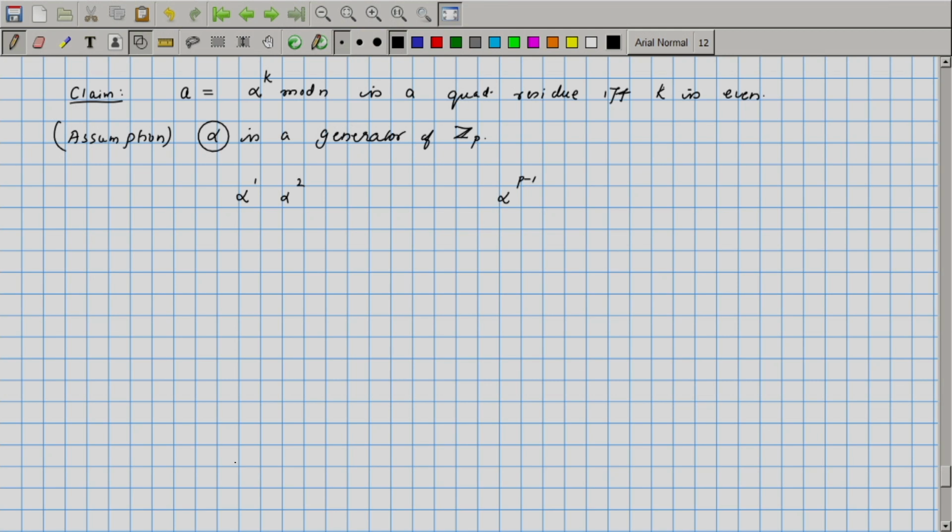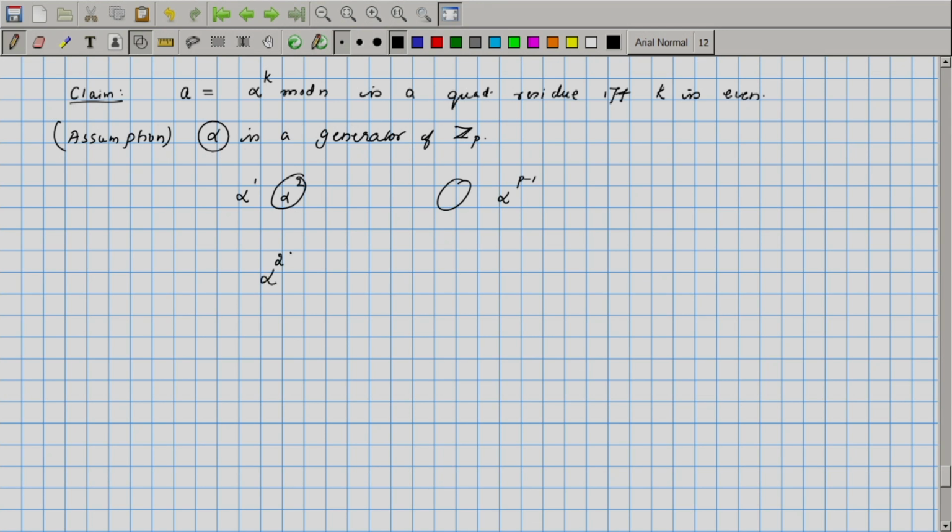P being an odd prime, p minus 1 is going to be an even number. So, here we are saying that all these quantities with even exponents are going to be quadratic residues.